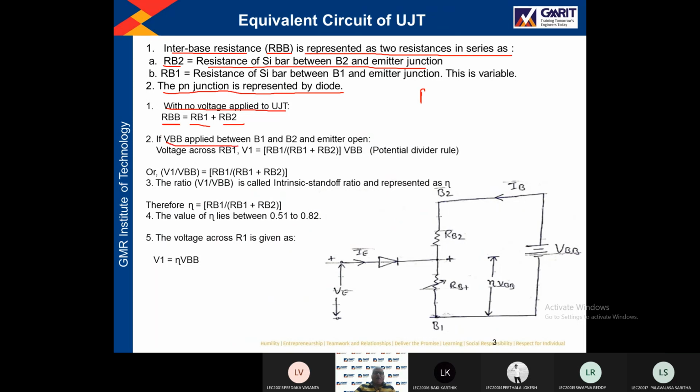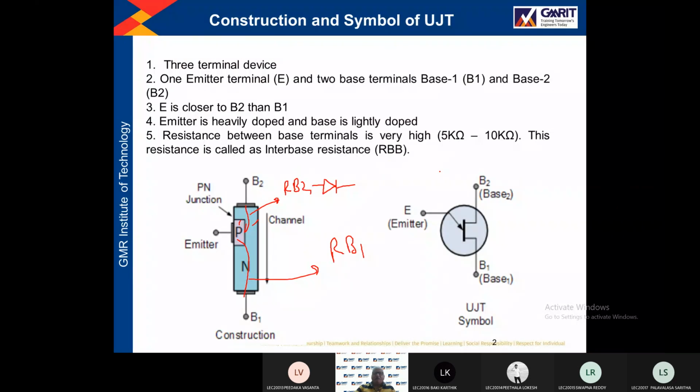Now, if VBB is applied between B1 and B2, like this, see here. When you apply the voltage, B2 is connected to the positive terminal of the battery and B1 is connected to the negative terminal of the battery, right? And we have applied a voltage VBB this way.